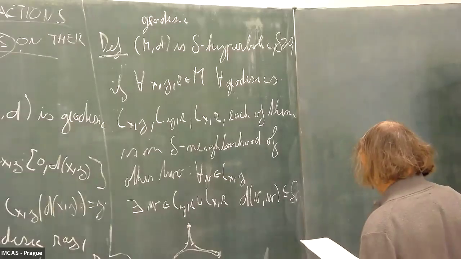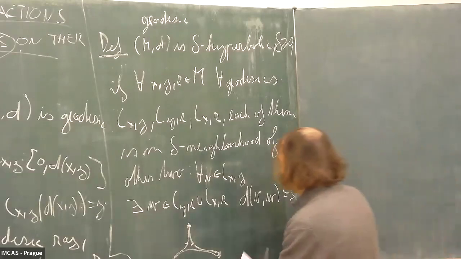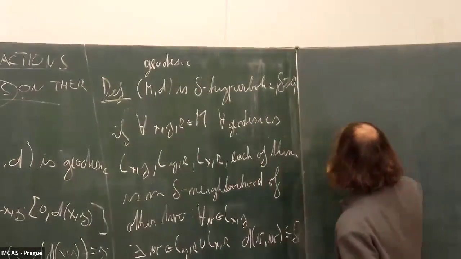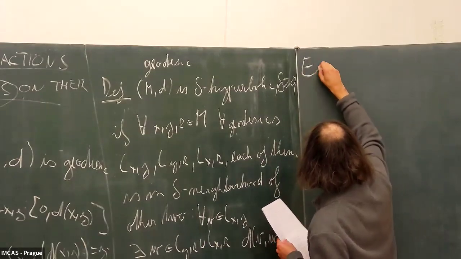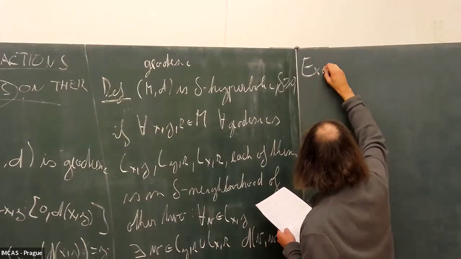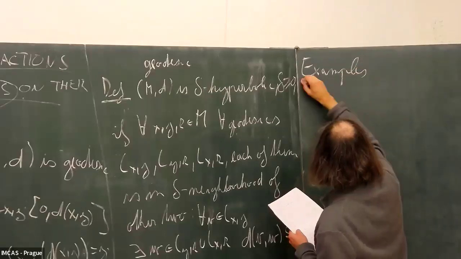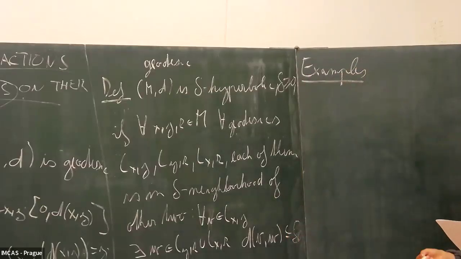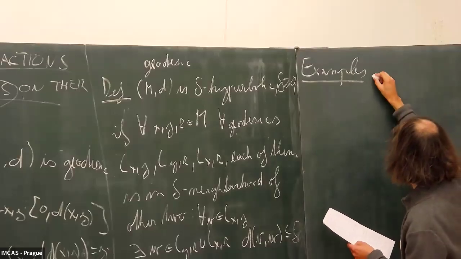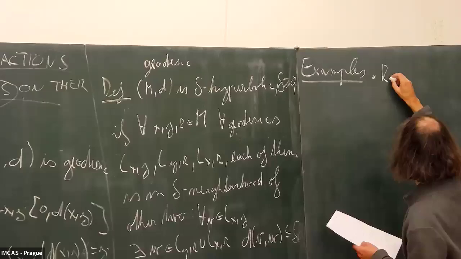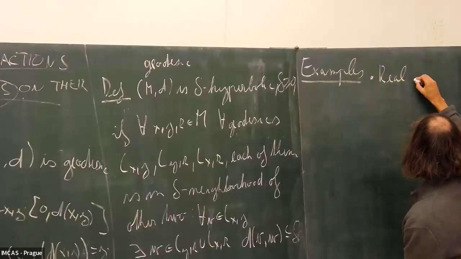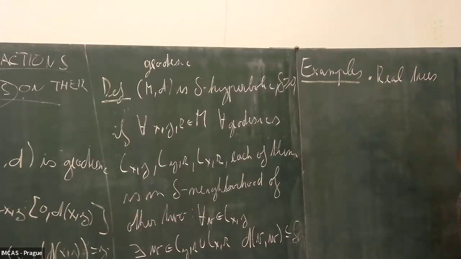Some examples. The first example: real trees. Simplicial trees, one-dimensional simplicial complexes with some metric, I call a real tree.